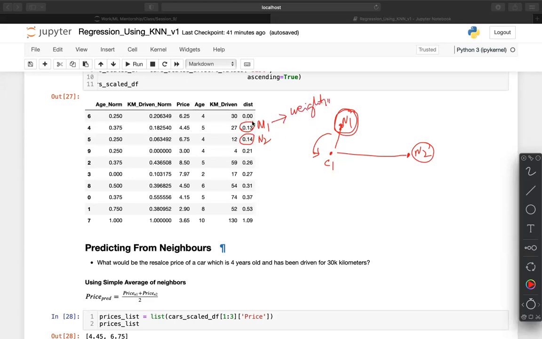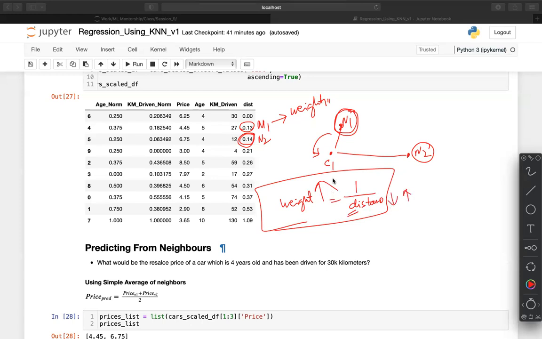The lesser the distance, the higher the weight, and the higher the distance, the lesser the weight. How do you do that? We can take simply 1 by distance. So you can calculate weight based on 1 by distance. The lesser the distance, the higher the weight. The higher the distance, the lesser the weight.